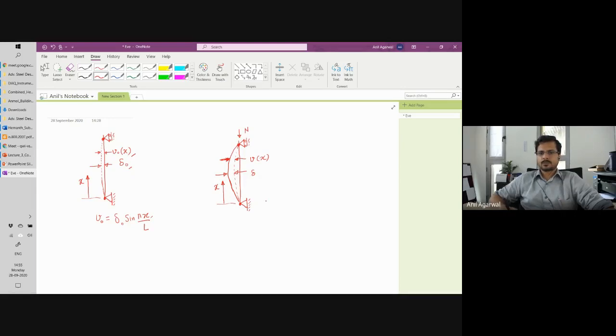Okay. The length is of course L, I am not marking it. So again, the relationship between V and delta can be given by V is equal to delta sine pi x by L. Fine. Any questions so far?